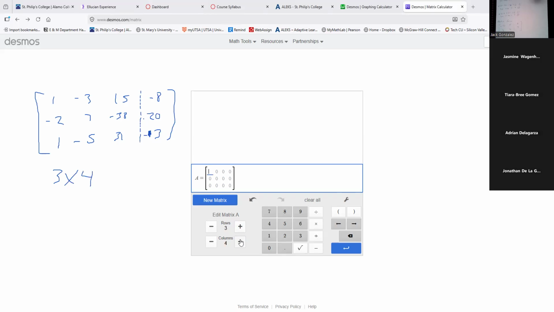So just put it in here. It's a 31, by the way. Enter.